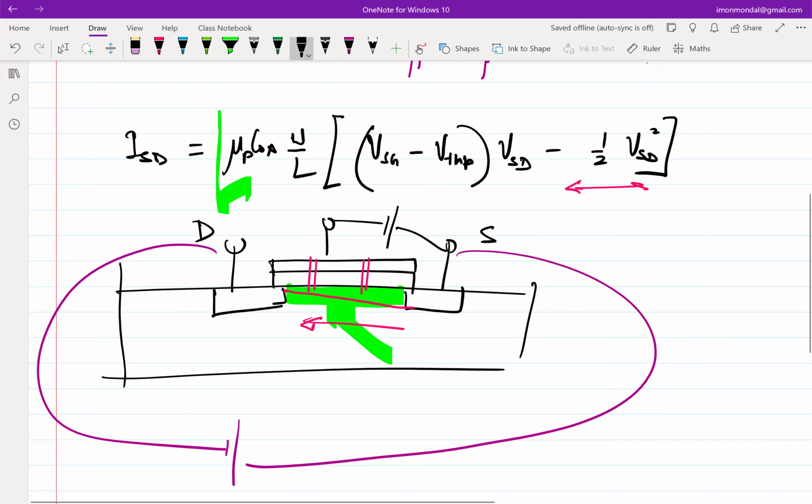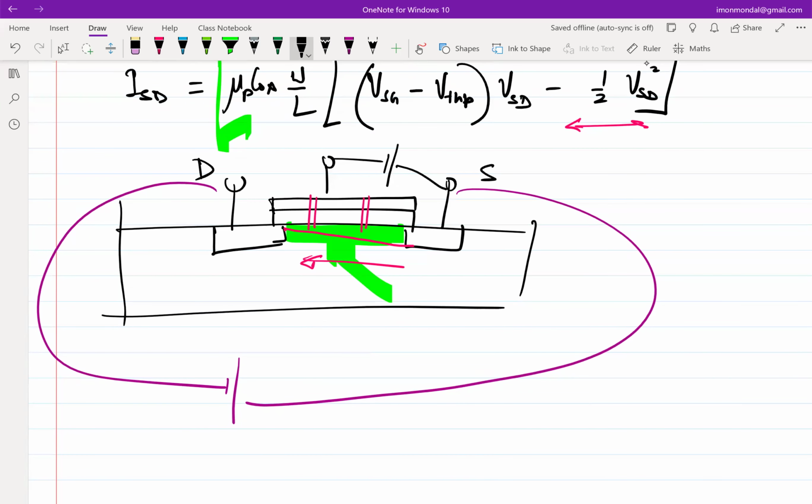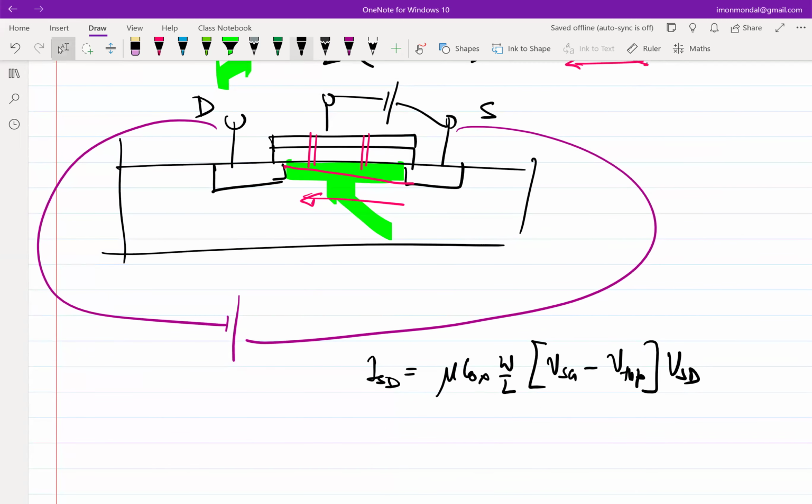Okay, so before we move forward, one interesting anecdote. Let's assume that still this is our ISD, right? If we still assume that it's a rectangular profile, so our ISD remains this. Now, can you comment on what this device looks like if I vary the VSD voltage and I observe this current ISD?